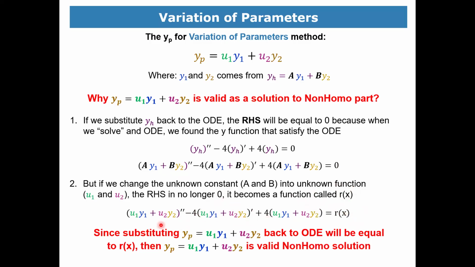So since substituting yp equal to u1 y1 plus u2 y2 back into the ODE gives R(x), then this is a valid solution to the non-homogeneous part of the ODE. I know this is very hard to digest. You don't have to understand, but I have to tell you, because if someday you are wondering why the variation of parameters solution works that way, then you can refer back to this slide.